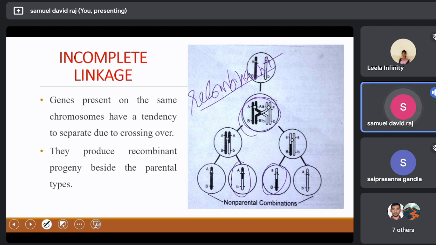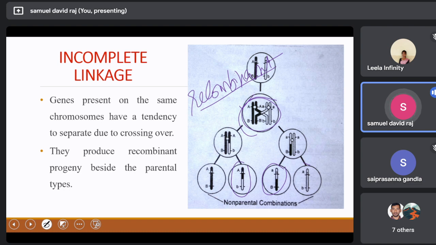Why are they said to be round and green and wrinkled and yellow? Because they observed that they have followed a different pattern where the genes responsible for those characters are present on different chromosomes. And even when they are present on the same chromosome, independent assortment is possible because of crossing over. So when there is crossing over, the same pattern is not followed in the next generation.